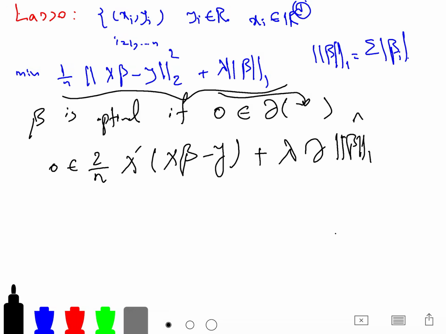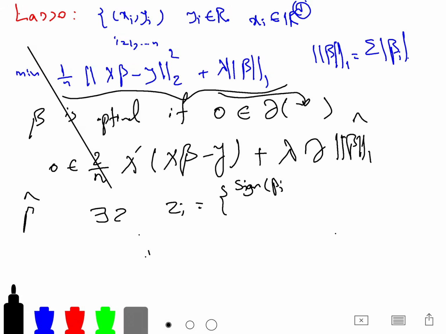So beta is optimal if there exists a z such that z_i is the sign function of beta_i if beta_i is not 0, no problem there, but the non-smoothness is when beta_i is equal to 0 for any i.